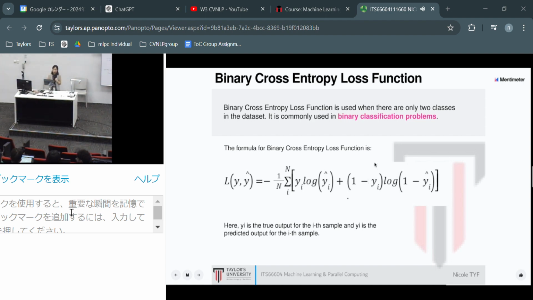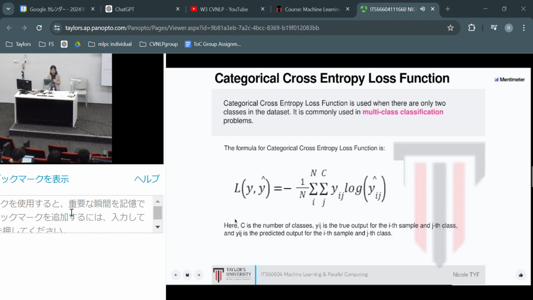The difference between binary cross entropy loss function and categorical cross entropy function is the way of how we compare the difference between our actual and the predicted values. So over here, if we have a multi-class classification problem, categorical cross entropy quantifies an extra dimension of these differences, which is by the number of classes. Okay?